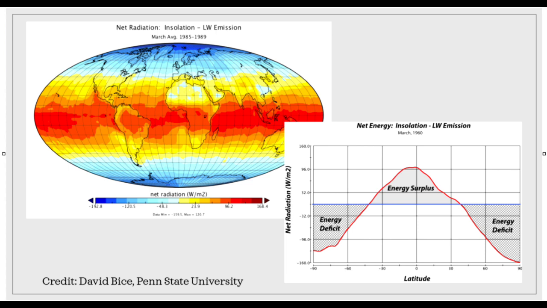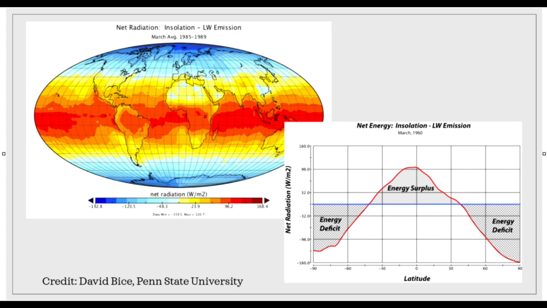If you examine the map in the upper left, this is the data of the balance of incoming radiation minus the outgoing long wave radiation across the globe in March on average. Warm colors show regions where the Earth does not radiate enough long wave to offset the incoming solar radiation. Cool colors are the opposite, where the Earth is radiating more long wave out than the incoming solar energy coming in.